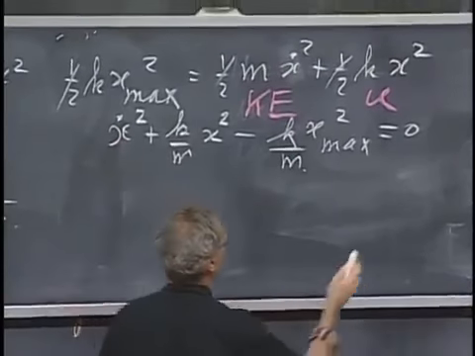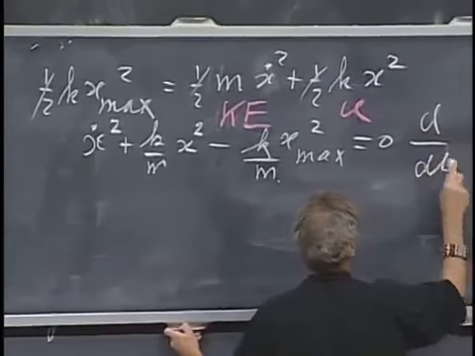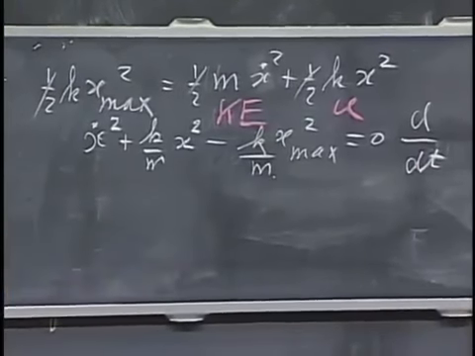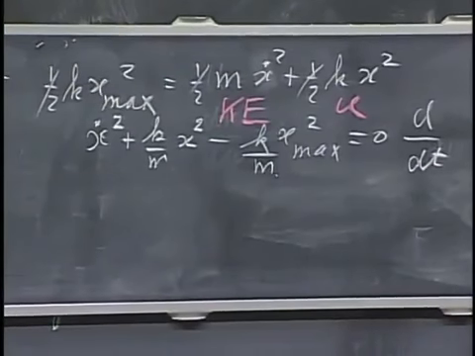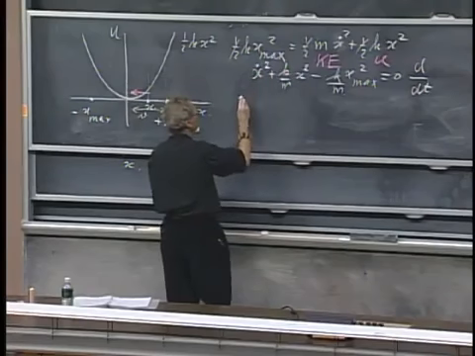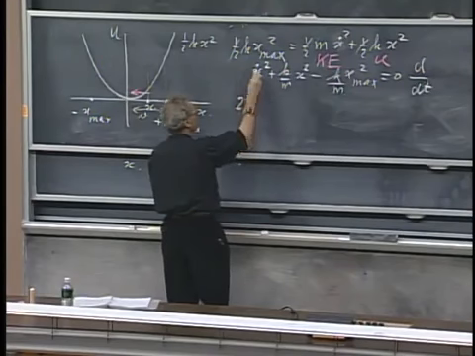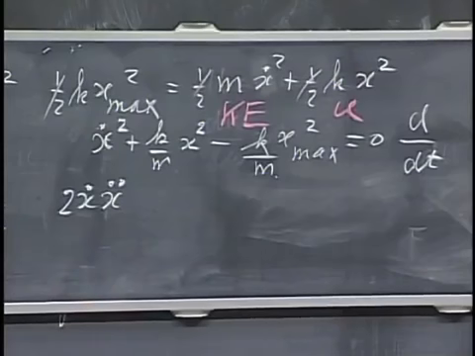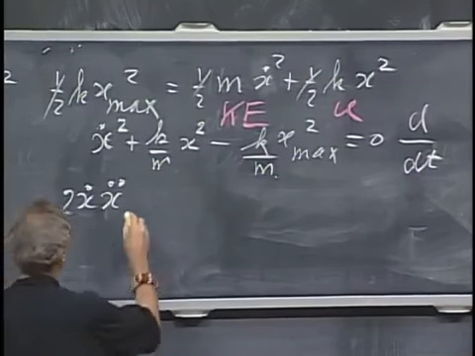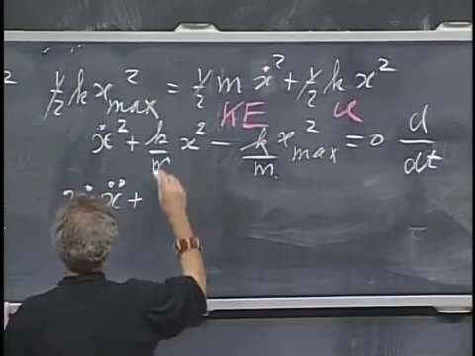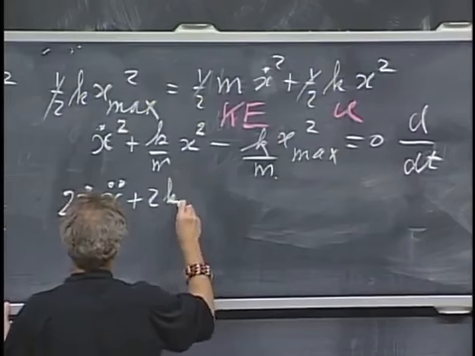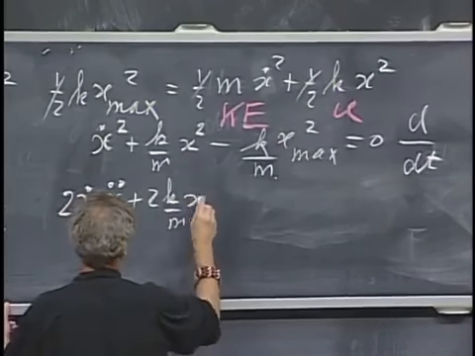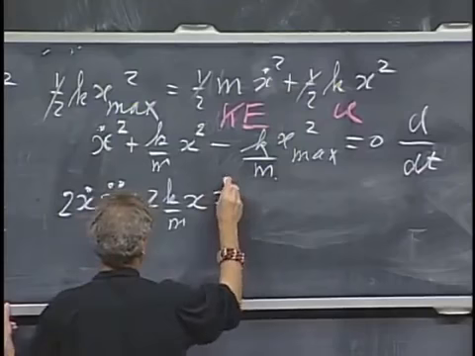And now I'm going to take the time derivative of this equation. And now you'll see something remarkable falling in place, just for free. I take the derivative versus time. That gives me a 2x dot, but I have to apply the chain rule, so I also get x double dot, the second derivative, the acceleration, plus I get a 2k over m times x, but the chain rule gives me an x dot.